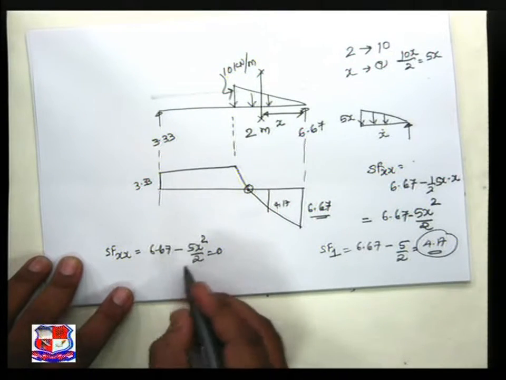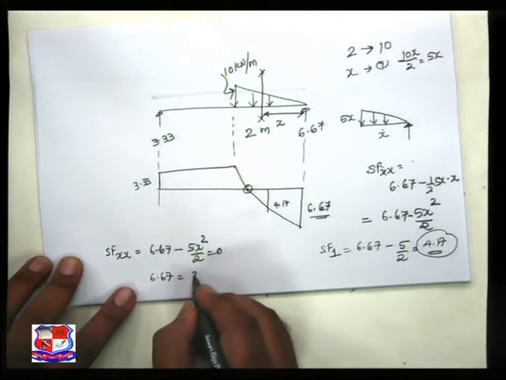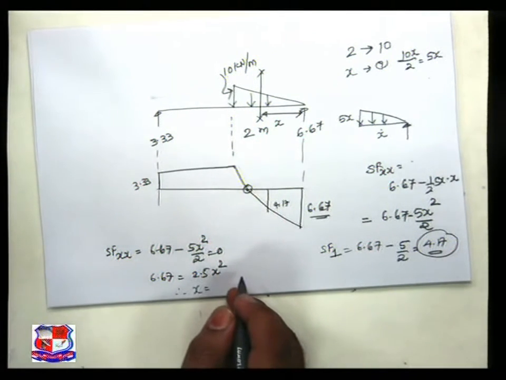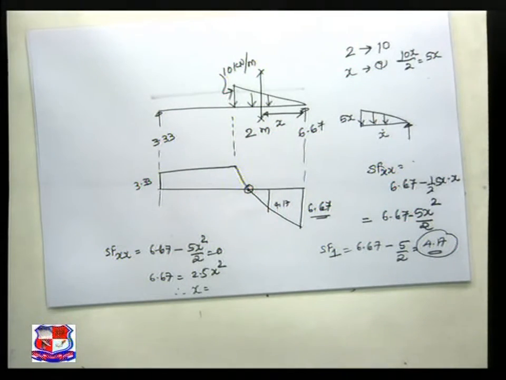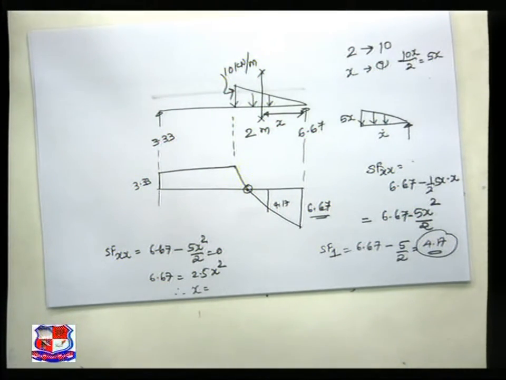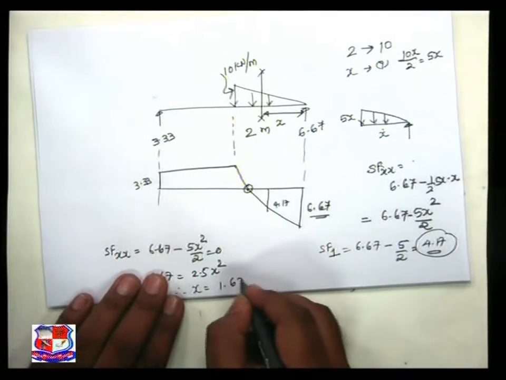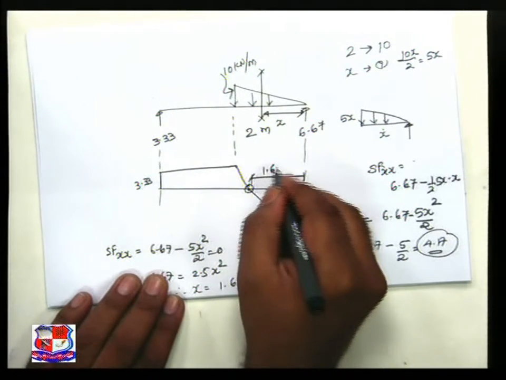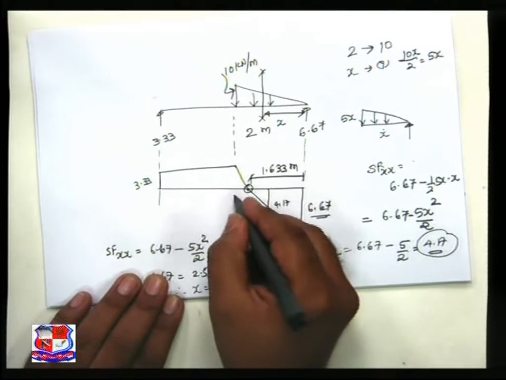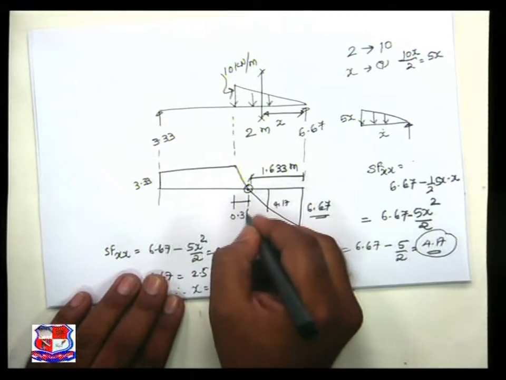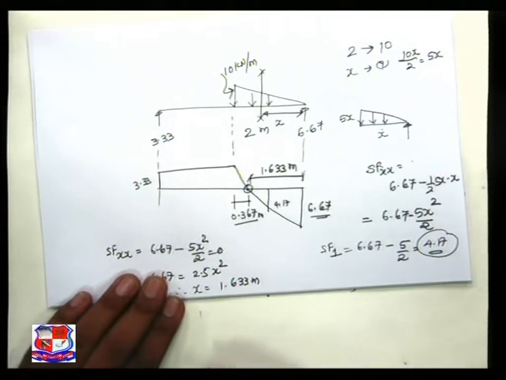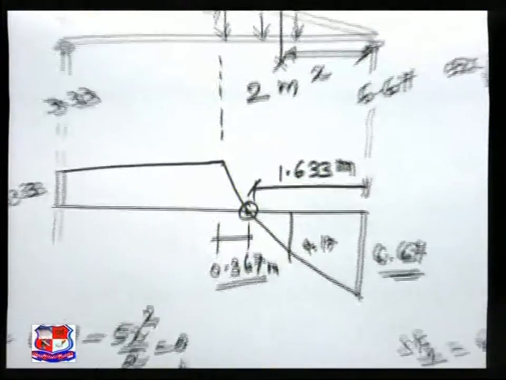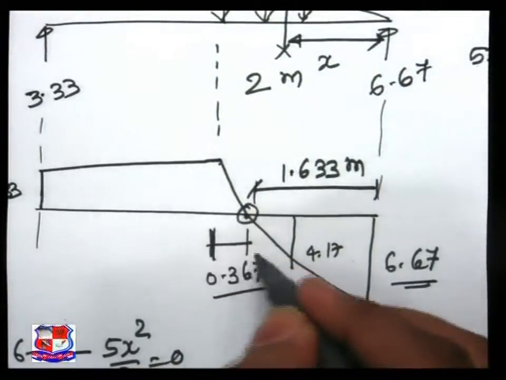So we achieve 6.67 equal to 2.5 x square, and we found the value of x is equal to 1.633 meter. So this is 1.633 meter, and this is 0.367 meter. This ordinate is 0.367.